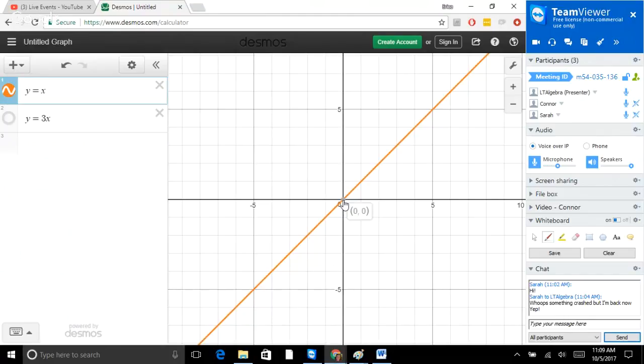There we go. My y-intercept is at 0. My slope is 3 though. So if I know my y-intercept is here, my slope would be rise 3, run 1. Rise 3, run 1.